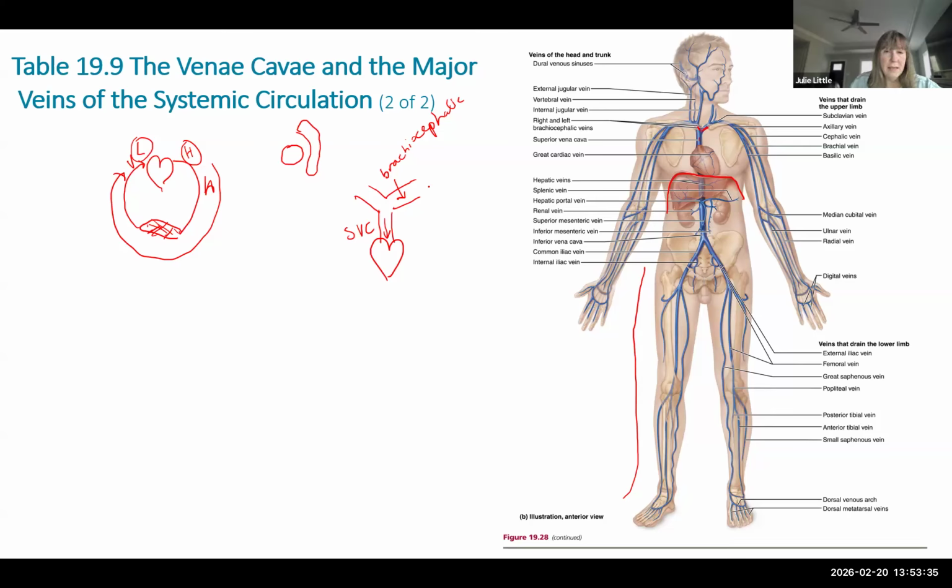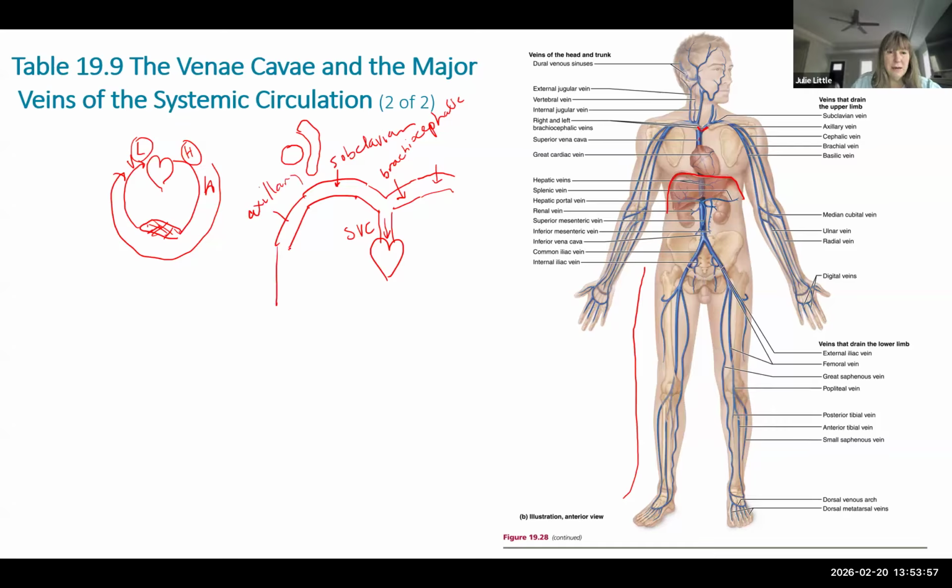And then what's going to feed into the brachiocephalic, in the arteries we were going out and the veins were taking blood back in, the brachiocephalic on both sides is going to turn into the subclavian vein because that's underneath the clavicle, and then under the armpit, it's going to be just like the arteries. It's going to be the axillary.